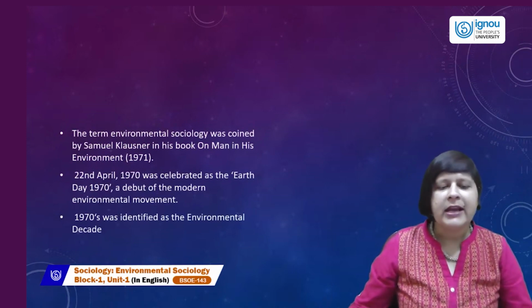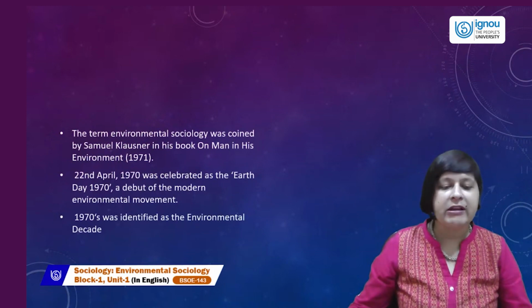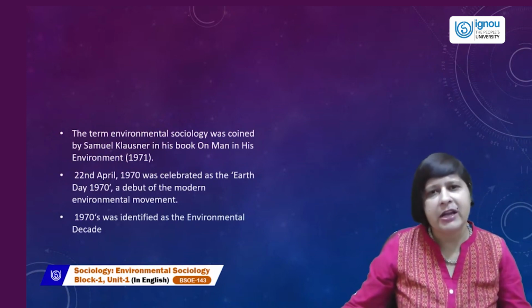22nd April 1970 was celebrated as Earth Day 1970, a debut of the modern environmental movement. The 1970s was identified as the environmental decade.